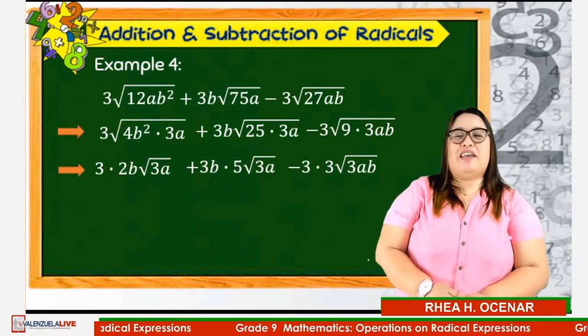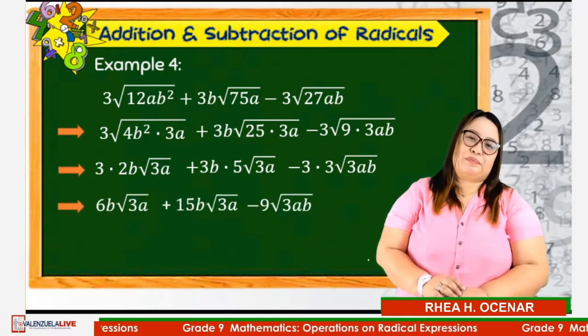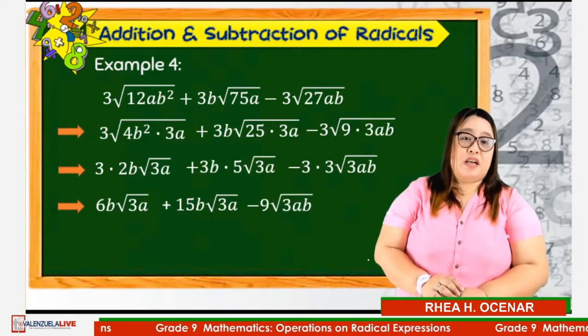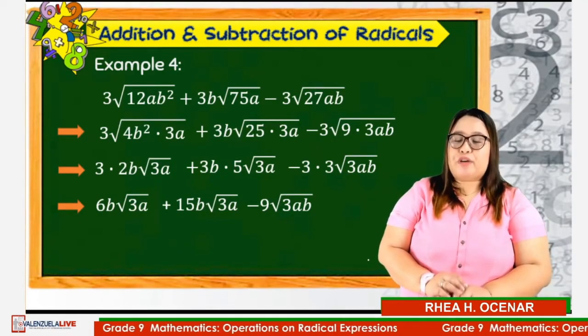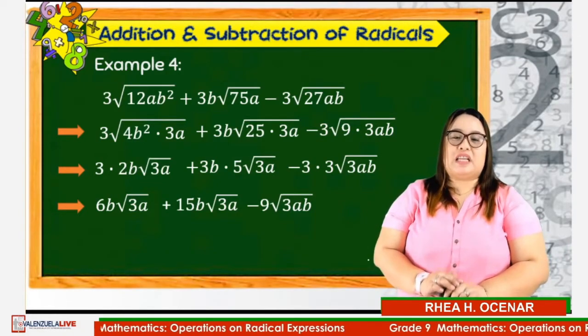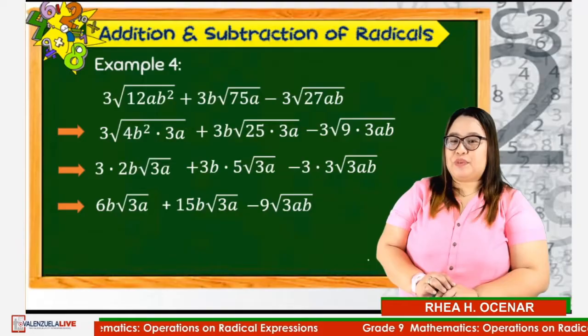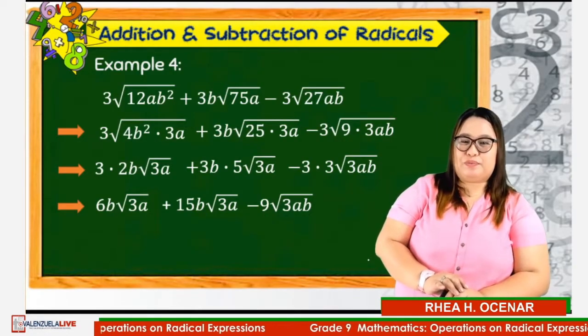By simplifying, we have 6b square root of 3a plus 15b square root of 3a minus 9 square root of 3ab. What do you notice to the radical expressions?